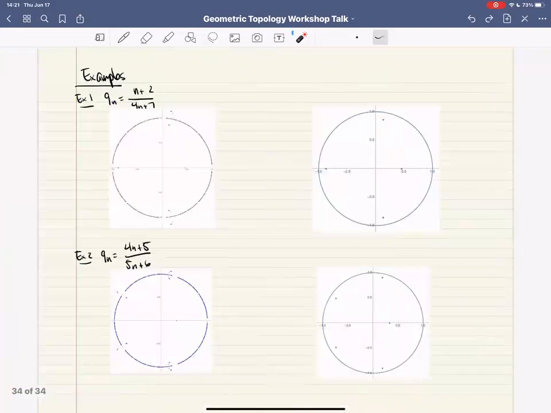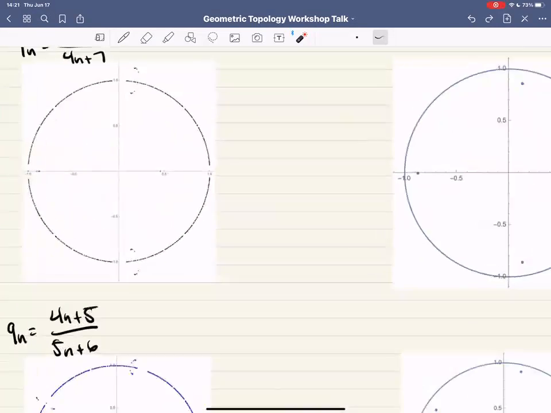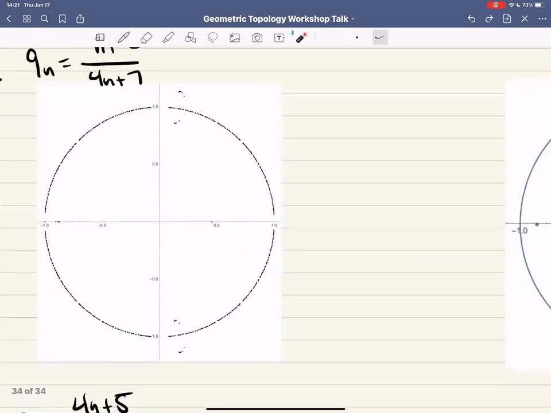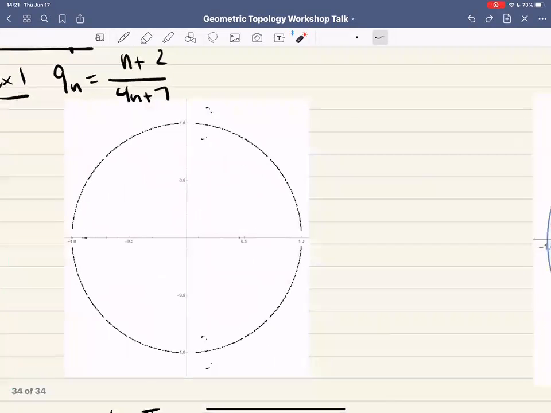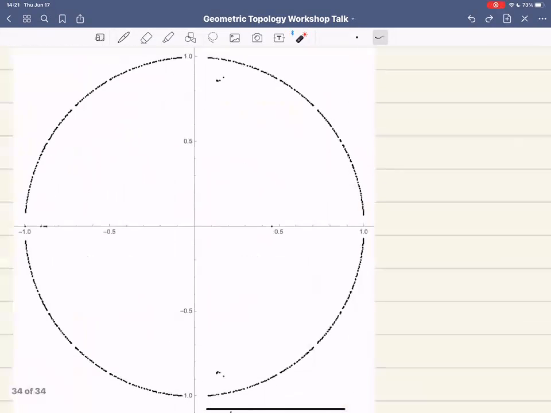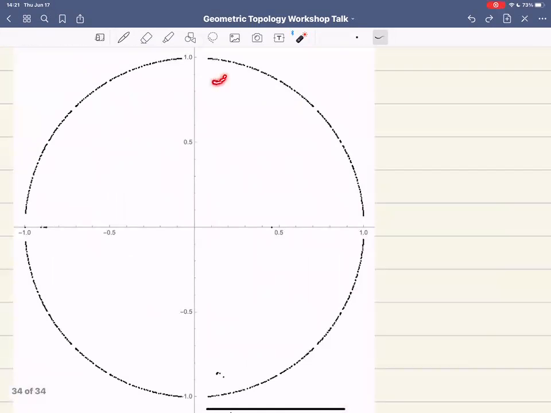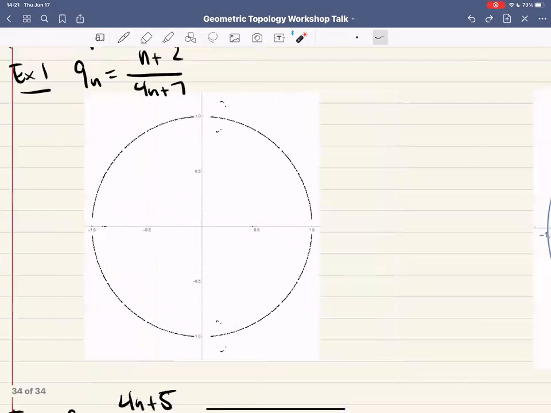And finally, here are some images to sort of demonstrate what's happening here. So here's one sequence of rotation numbers. In here, I've pictured the unit disk, and you can see that we have some convergent sequences of Galois conjugates in here.